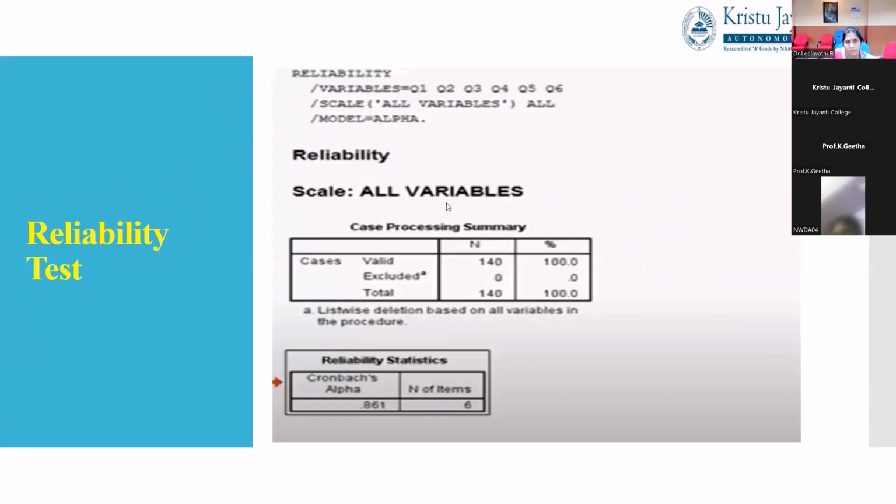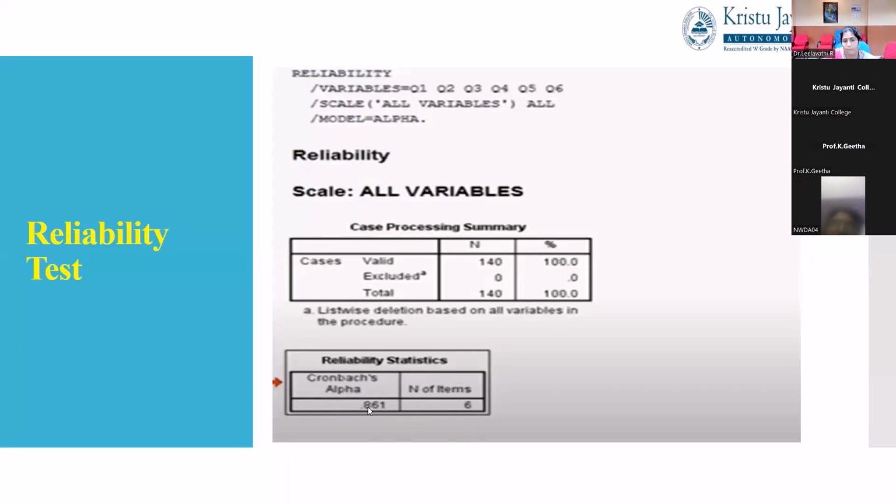After clicking that, a pop-up will appear with an output window where you can see the reliability result. The Cronbach's alpha is 0.861 for 6 items.